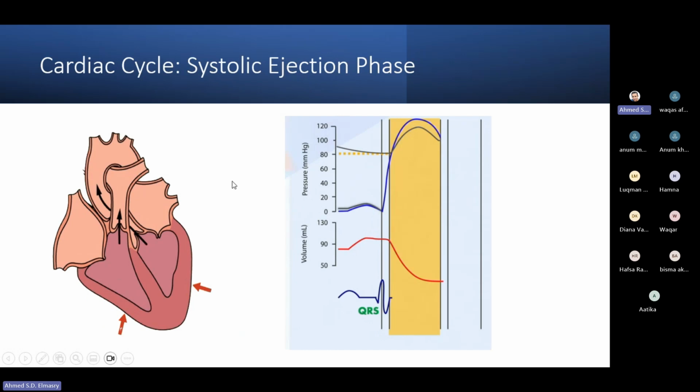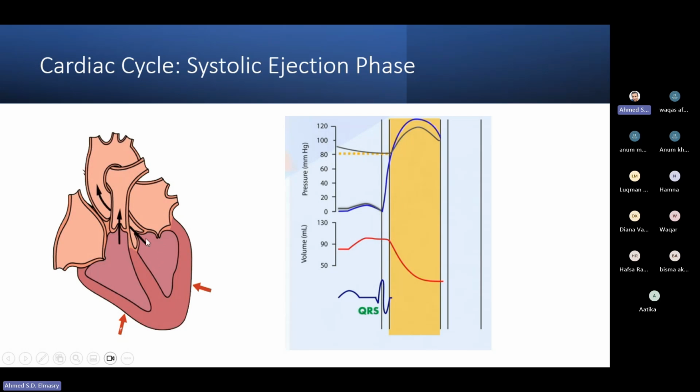Then the next phase is when the aortic valve starts opening, at this point here. With the contraction of the left ventricle and opening of the aortic valve, the volume inside the heart will be decreased because the blood inside the left ventricle will be directed to the aorta in order to perfuse the organs.